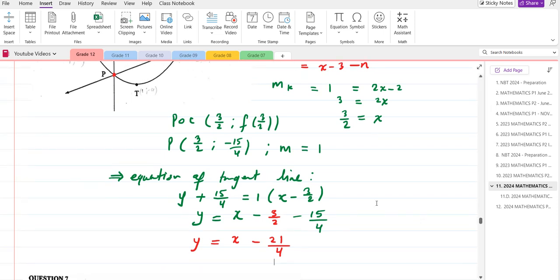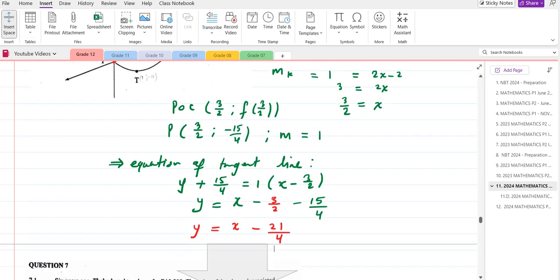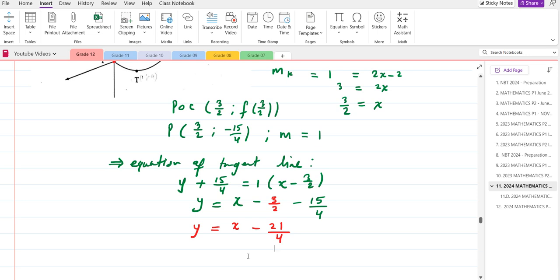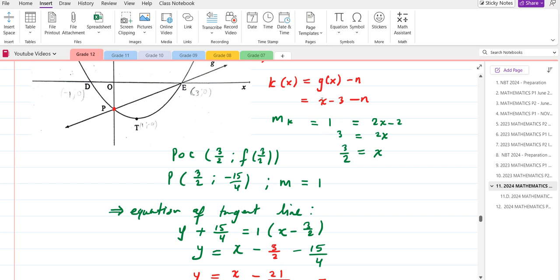But now I want something like this. I need to equate this because I need to find the value of n. Now I've got the equation of the tangent line of k. Now I need to equate this to the tangent line here, x minus 3 minus n, because that's the equation of k.